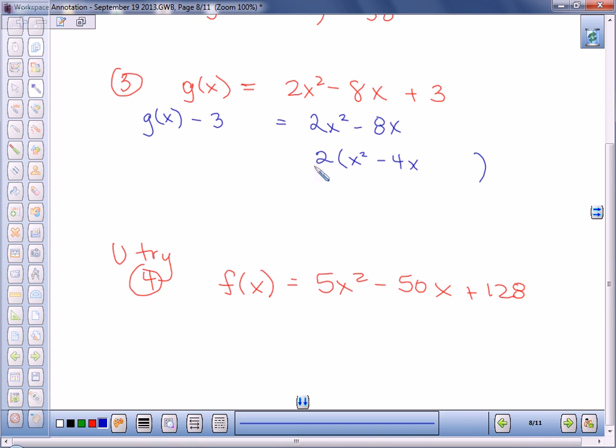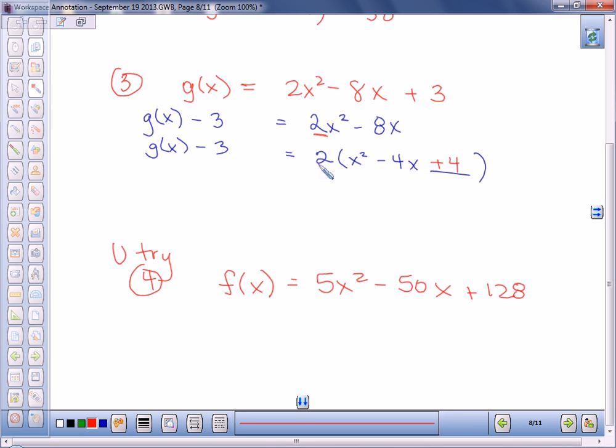Well, now can you tell what I need to add here? Take half and square it. So what am I adding? 4 here. But what if I take half the middle term? Oh, you took the GCF out. Yes, if it has a coefficient, you have to factor it out.